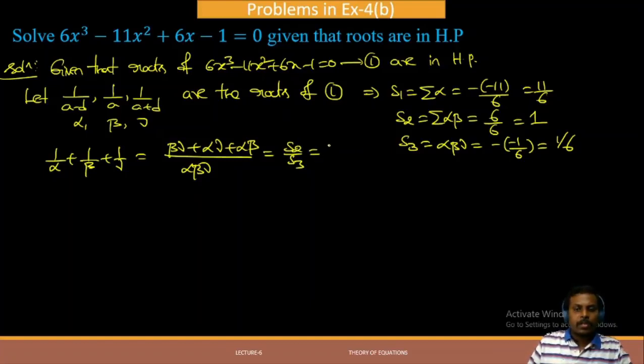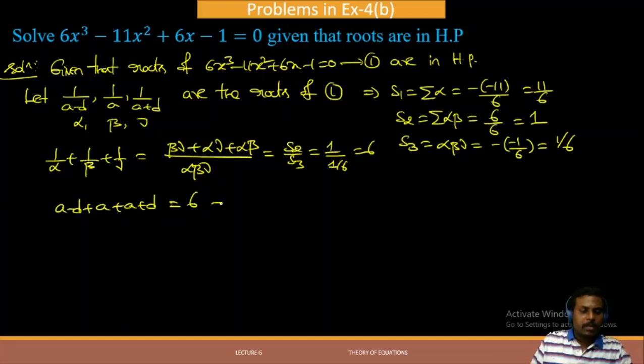So what is S2 divided by S3? 1 divided by 1 divided by 6, that is equal to 6. Now what is 1 by alpha here? That is a minus d, a plus a plus d, that is equal to 6, implies 3a is equal to 6, implies a is equal to 2.